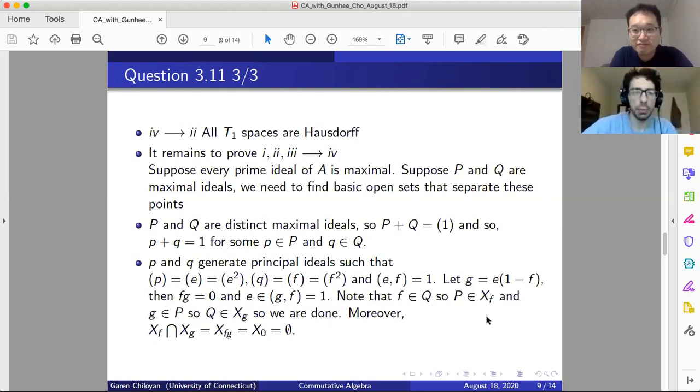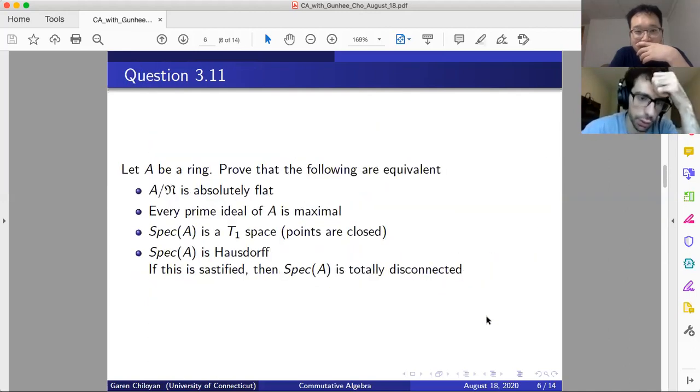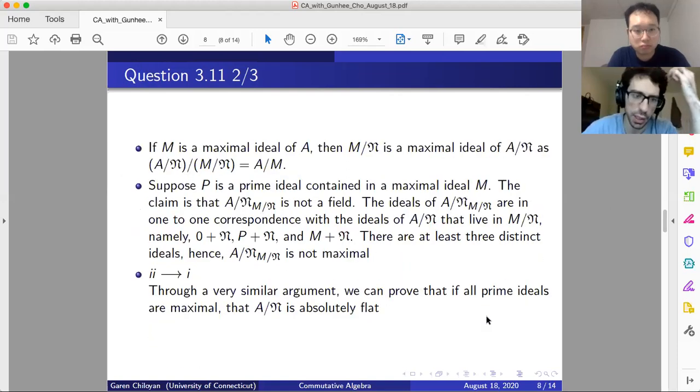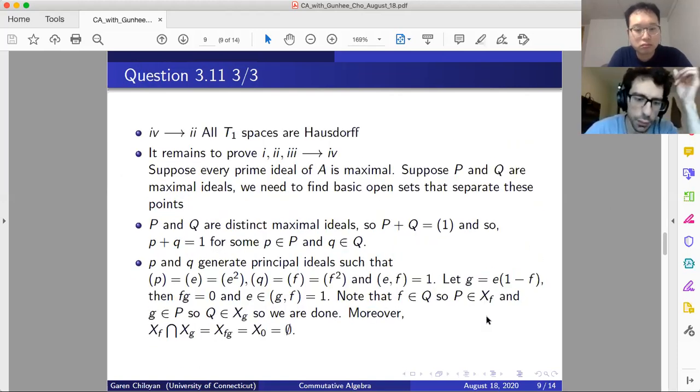So we have to now prove that 1 or 2 or 3 implies number 4. So I need to prove if A mod n is absolutely flat, or if all primes are maximal, or that the spectrum is a T1 space, then the spectrum is Hausdorff.